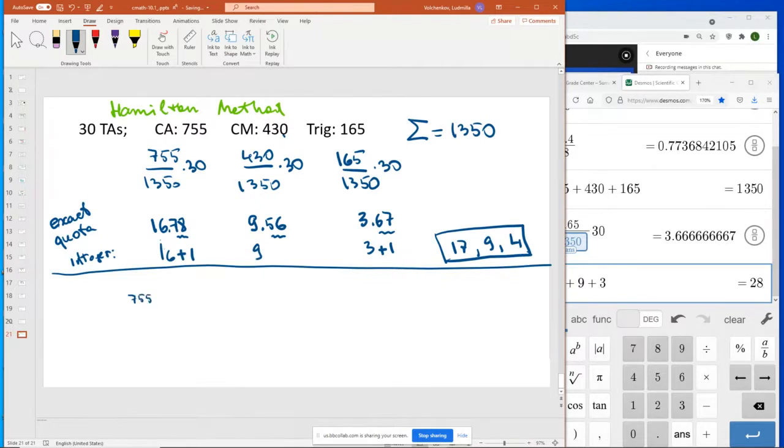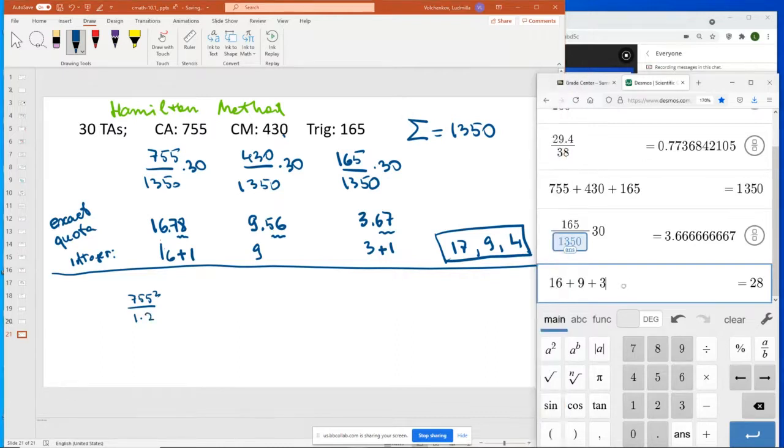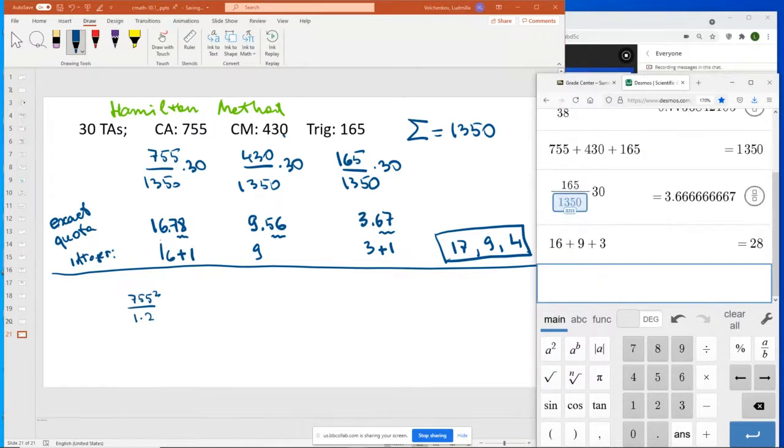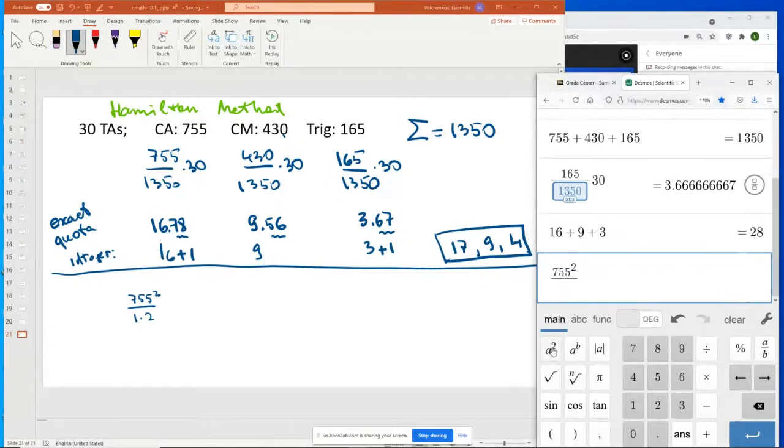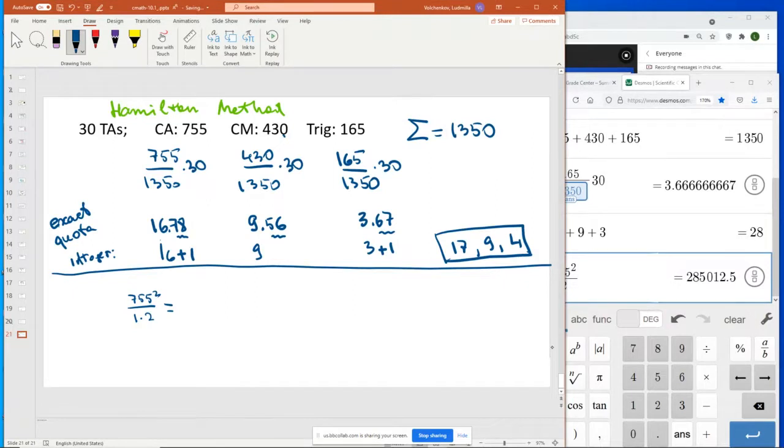So 755 squared. We start from the first line in the table. Current number of representatives is 1. The future number of representatives is 2. So 755 squared divided by 1 times 2. So the first Huntington-Hill number for college algebra is, let us write it in thousands, 285.